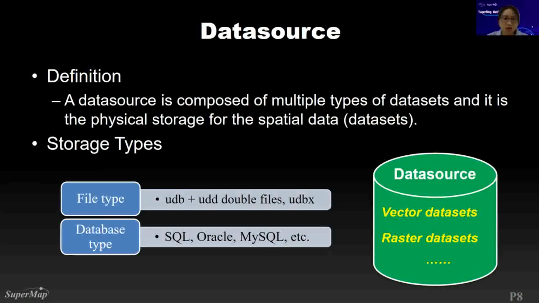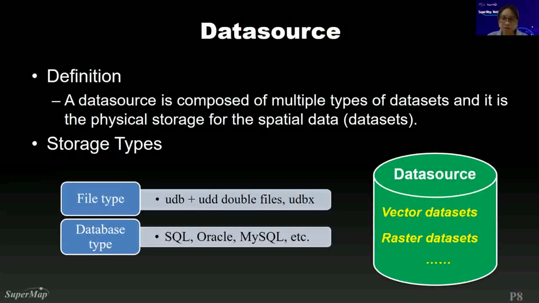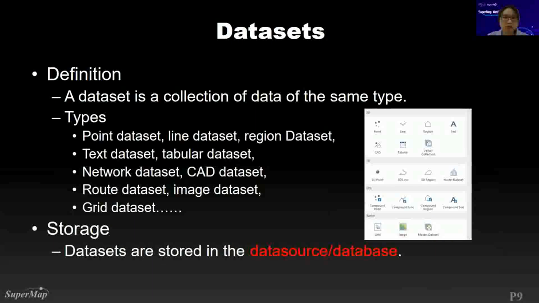Another way is to store the data source in a database such as SQL Server, Oracle, or MySQL. Then the datasets. A dataset is a collection of data of the same type, just like a point dataset or a region dataset. All the datasets are stored in the data source or database.